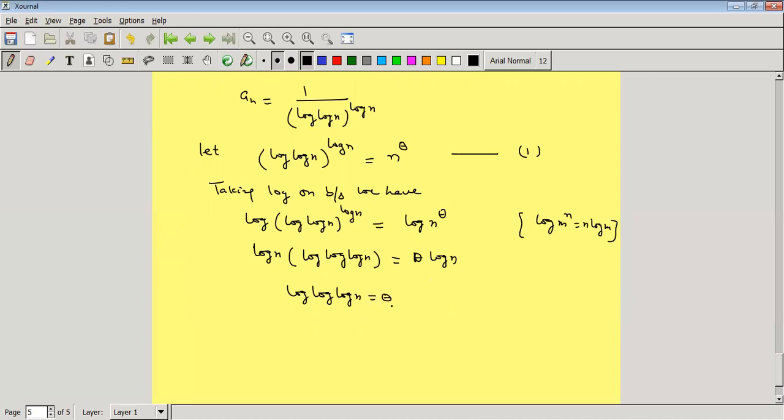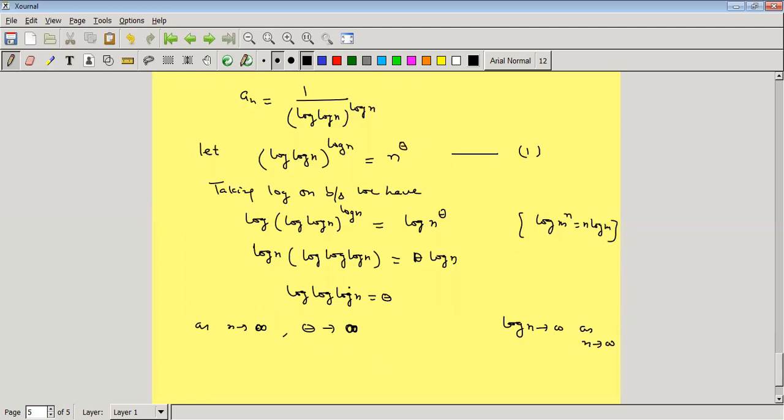Right? Now if we apply the limit as n goes to infinity, theta goes to infinity. Right? So theta goes to infinity as n goes to infinity, because log n goes to infinity as n goes to infinity.